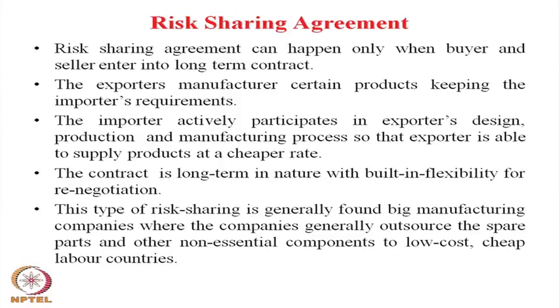The exporter manufactures certain products keeping the importer's requirement. At the same time, the importer actively participates in the exporter's design, production process, and manufacturing process, so that the exporter is able to supply product at a cheaper rate.